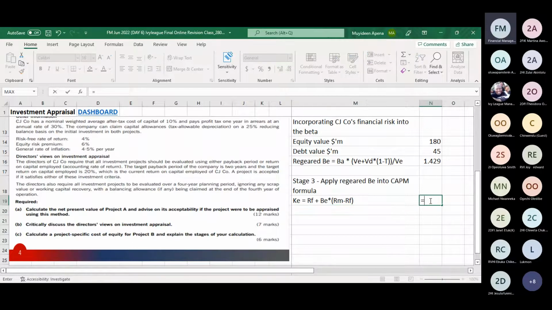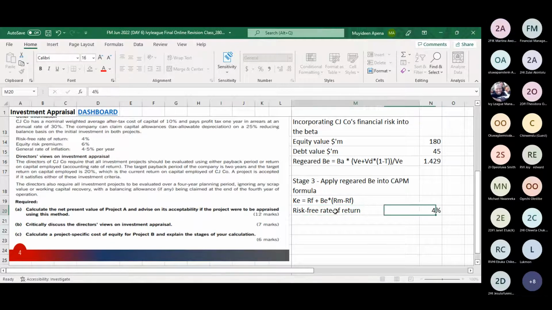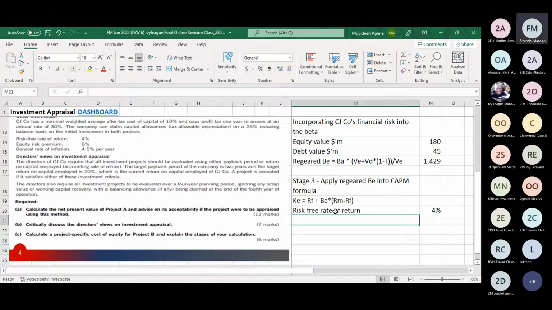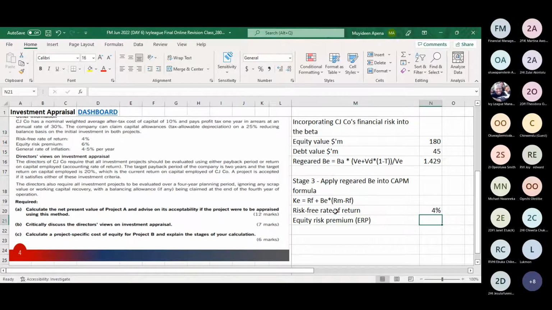So let's state out all we need. What's our risk-free rate? 4%. What's the market return? Are we given? No, okay, we are given the ERP, the equity risk premium, 6%.